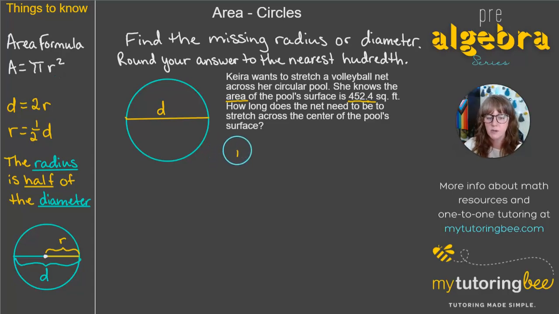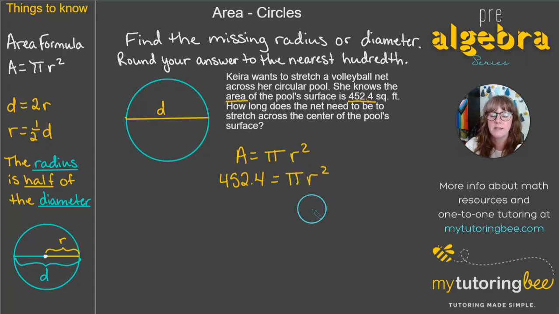So let's go ahead and write out our formula and then plug in the pieces of the puzzle that we know. We know that the area is 452.4. And then that's going to equal pi r squared. We don't know what r is yet, so we're just leaving that as r. That's what we have to solve for. So we're going to divide by pi on both sides of the equation.